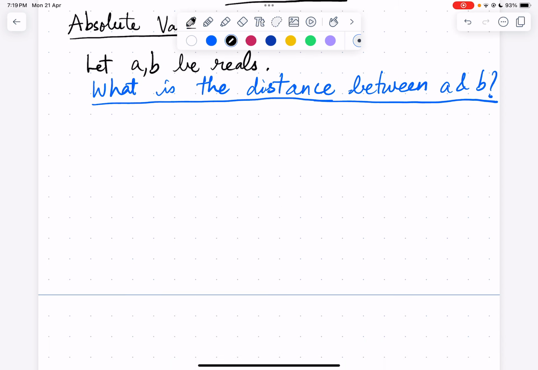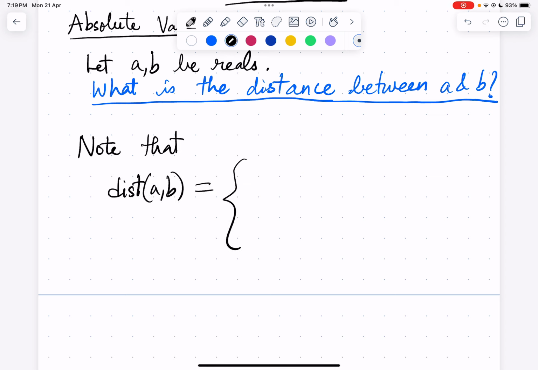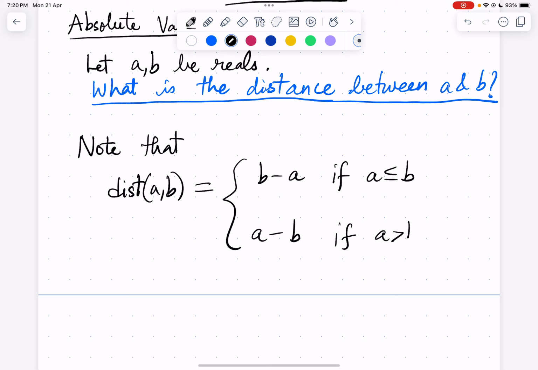So note that the distance between A and B is B minus A if A is less than or equal to B, and A minus B if A is greater than B, right?